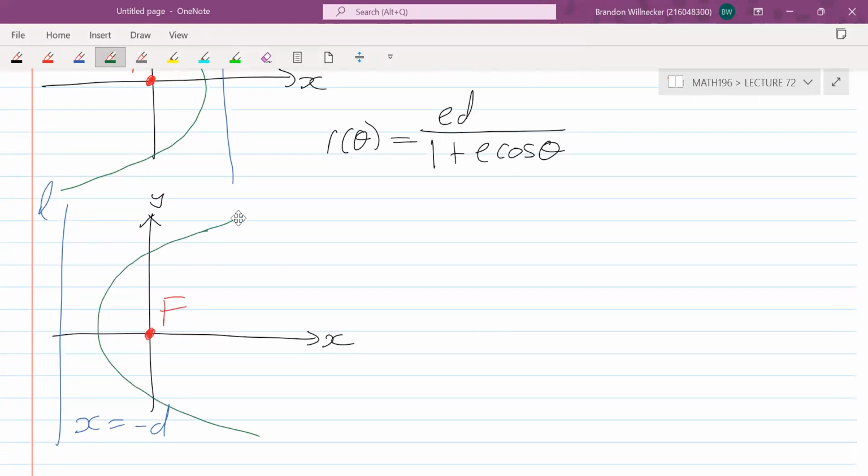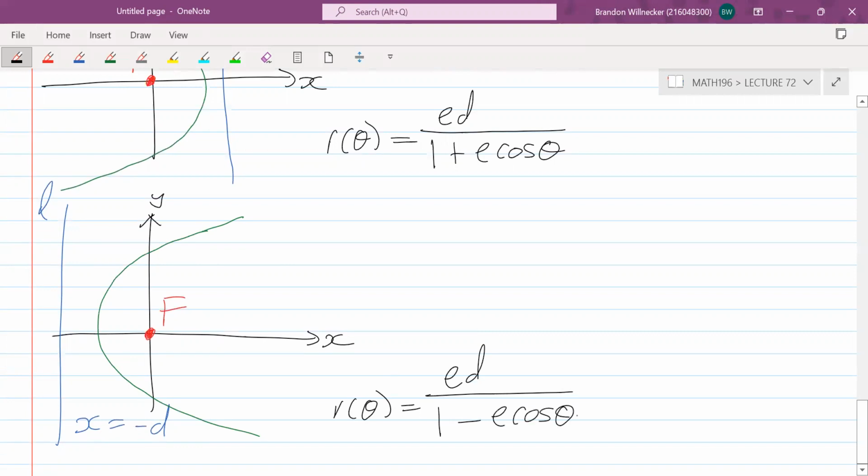And I'm sure you can guess which form of the equation we use. It's going to be something like r of theta is equal to e times d over 1 minus e cos theta. Okay, so we choose cos theta because the directrix is given by x equals something. Okay, x goes with cos.